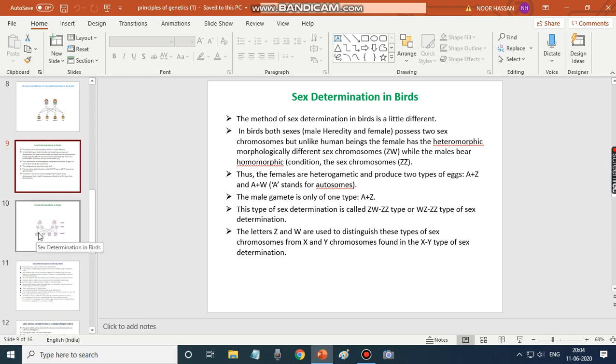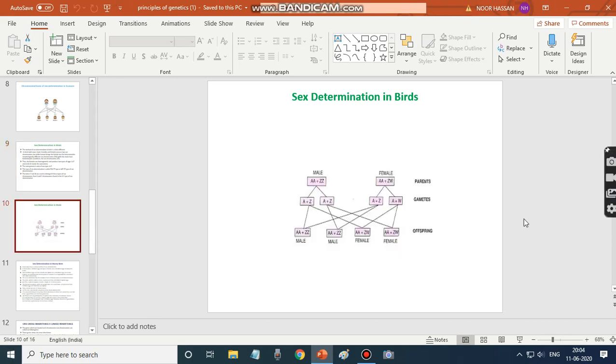So we shall move on to this diagrammatic representation, how sex is determined in birds. So this is male, AA plus ZZ, in female it is AA plus ZW. So these are the parents and these are the gametes produced, A plus Z, A plus Z. And here it is A plus Z, A plus W. See, these are the gametes from male and these are the gametes from female.